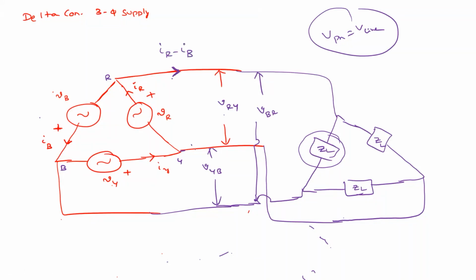So what is this one? IY minus IR. And what is this one? IB minus IY, right?